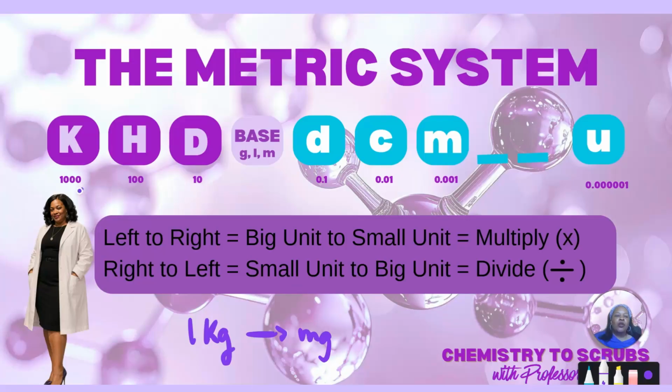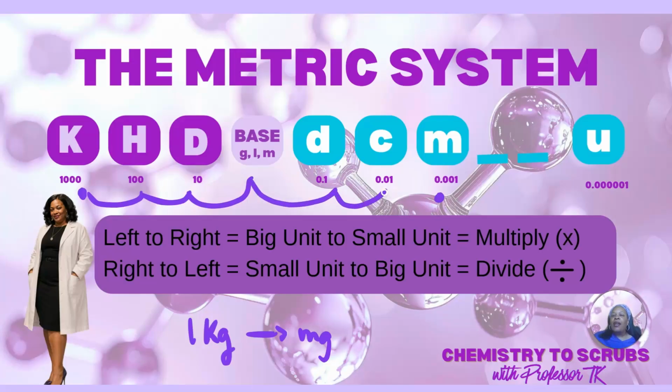So here are your kilos right here. And here's your milligram right there. If I tell you to move your decimal from left to right, this is what you're going to do. You're going to say 1, 2, 3, because that's your base, 4, 5, 6. So you would actually move your decimal place 6 places to the right.